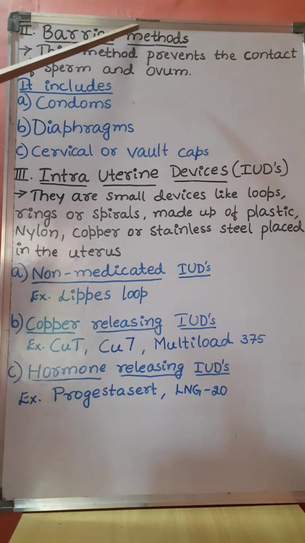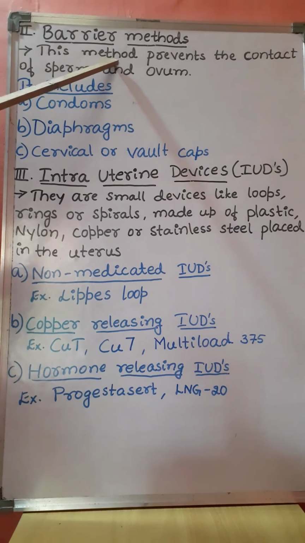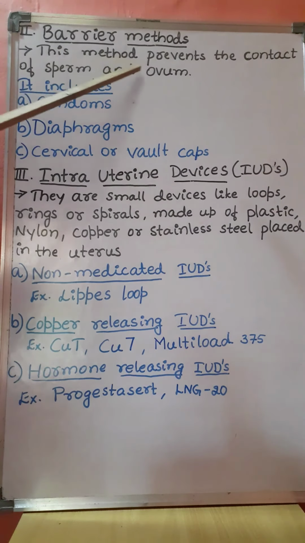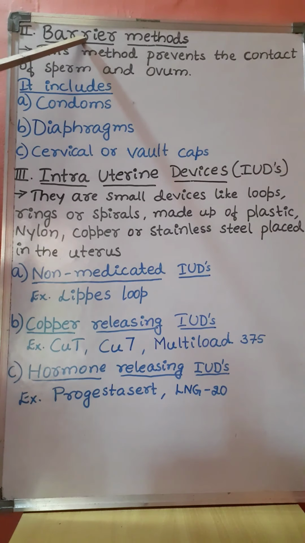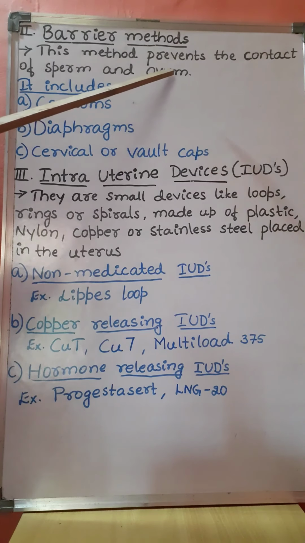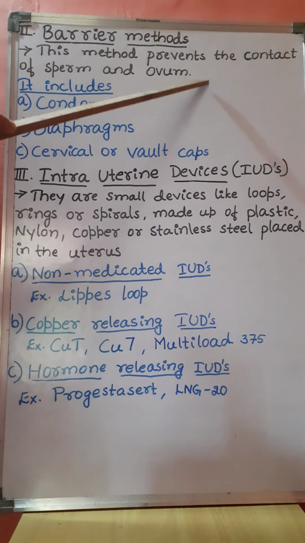First, let us discuss barrier methods of contraception. Barrier methods prevent the contact between the sperm and the ovum, thereby preventing fertilization.